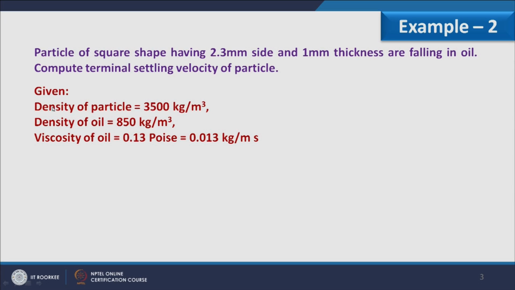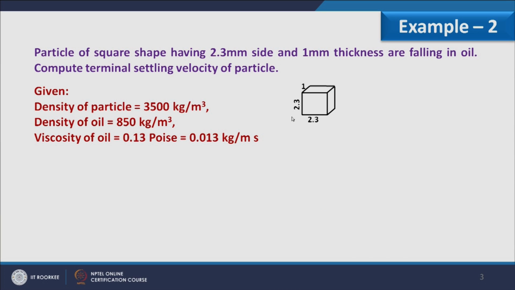So this example will be helpful in that condition, and the given parameters are density of the particle, that is 3500 kg per meter cube, density of oil 850 kg per meter cube, and viscosity of oil is 0.013 kg per meter second. So let us start the solution of it.